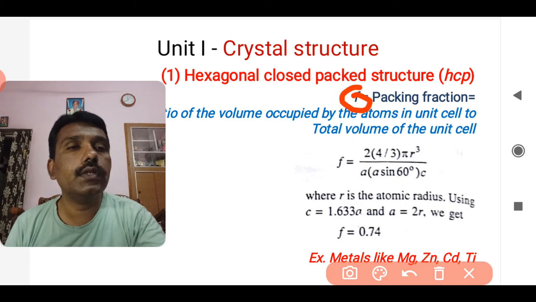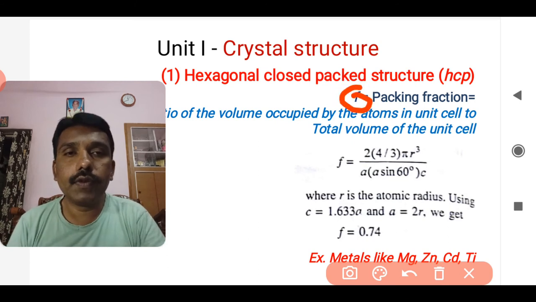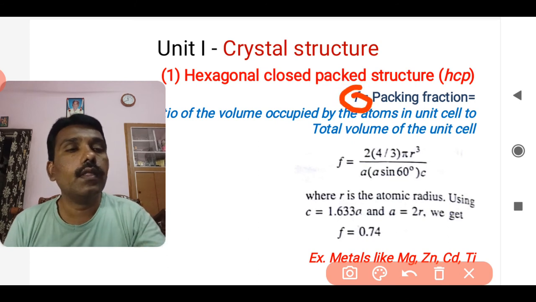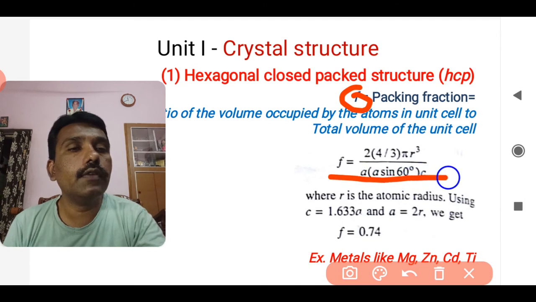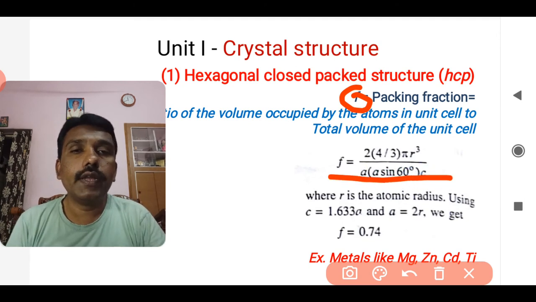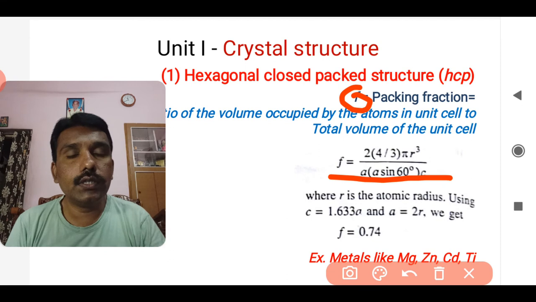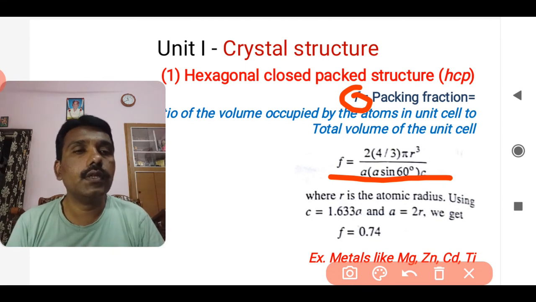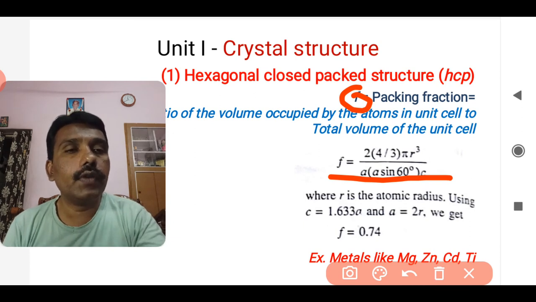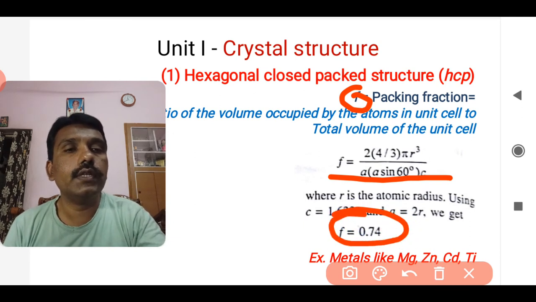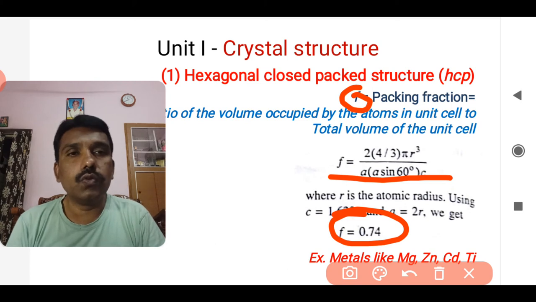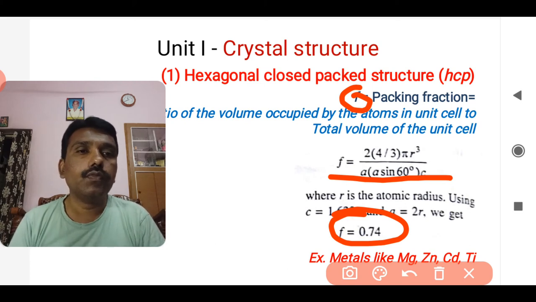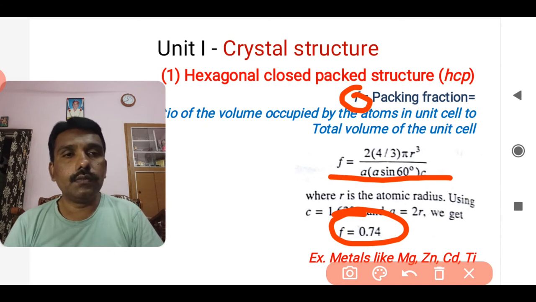The packing fraction for the HCP is calculated in that fashion, putting in all the values for the relationship between the unit cell height and interatomic distances, and it comes to 0.74. So as far as the hexagonal close packed structure is concerned, the packing fraction is 0.74.